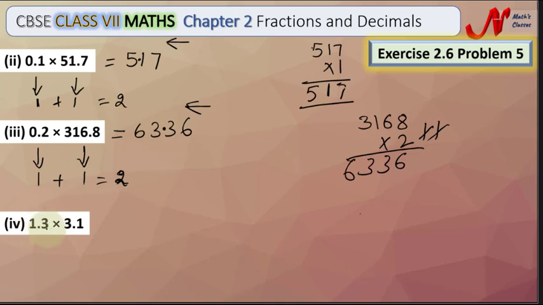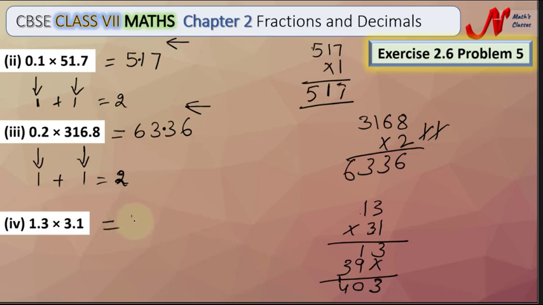Next we find 1.3 into 3.1. To find this one we multiply 13 with 31. So 1 3 is 3, 1 1 is 1, 3 3s are 9, 3 1s are 3. By adding we get 3, 9 plus 1 is 10, carry 1, 3 plus 1 is 4.